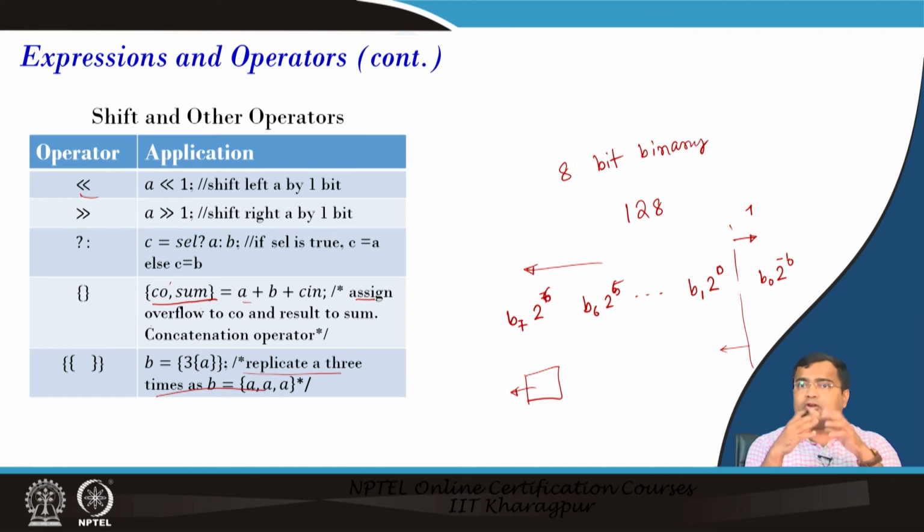When you learn about Q format, we need this concatenation, because sometimes we end up with redundant data. Sometimes we want to extend the sign bit, so the value remains the same. Suppose we want to convert a 6-bit number to an 8-bit number, if it is a signed number, you simply extend by the sign bit on the MSB side, and the number will not change.